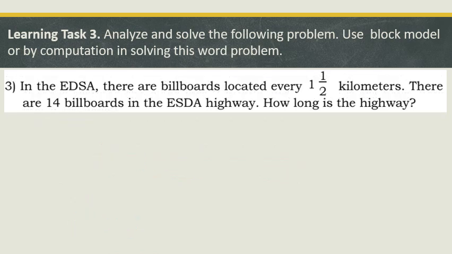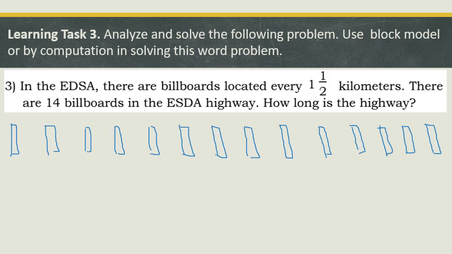Number 3, in the EDSA, there are billboards located every 1.5 kilometers. There are 14 billboards in the EDSA highway. How long is the highway? So, kung may 14 billboards, sulat natin dyan. So, 14 billboards, 1, 2, okay.